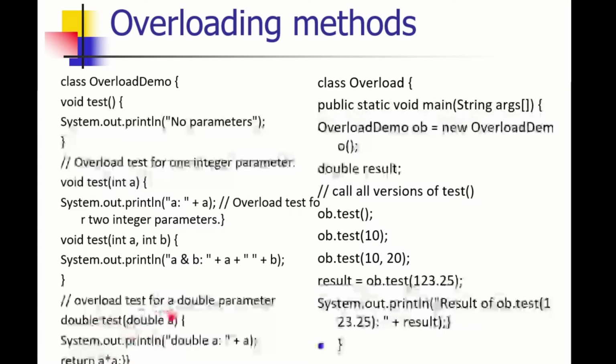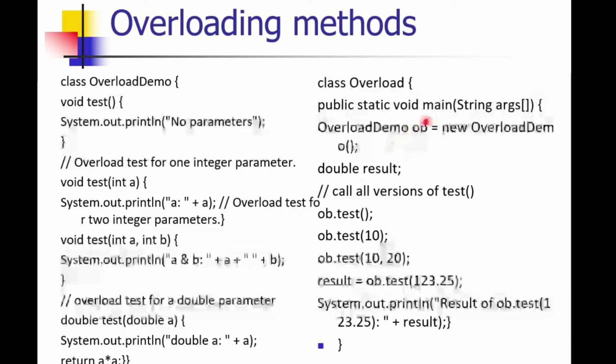Okay, let's see this overload demo class is being used with the overload demo class object. We are calling every method from another class that is called overload. Inside this overload class we have a main function, and as you always know, C programs and Java programs always start from main except the applet or servlet cases.